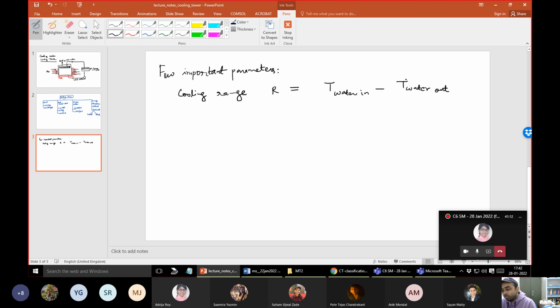If the cooling tower is designed to accommodate a range of 10 to 15 degrees, you should also ensure in your heat exchanger, wherever this cooling water is used, that the temperature of the cooling water does not rise beyond this range. So these are coupled. The water that you introduce into the cooling tower should not be more than 10 to 15 degrees higher than the outlet water, and that is the capacity the cooling tower is designed to operate for, right?